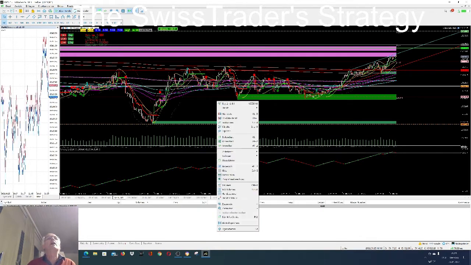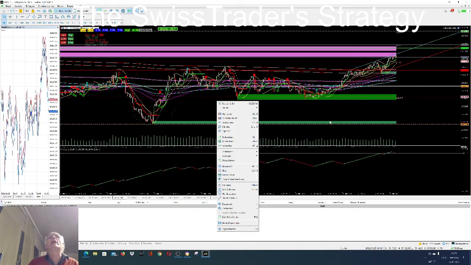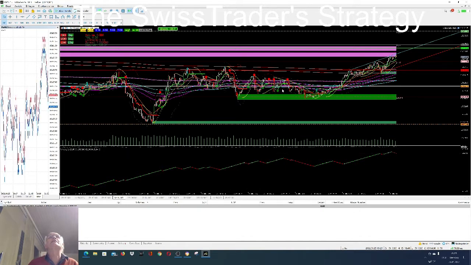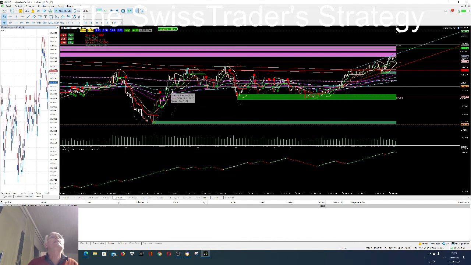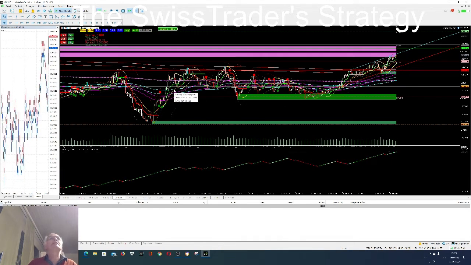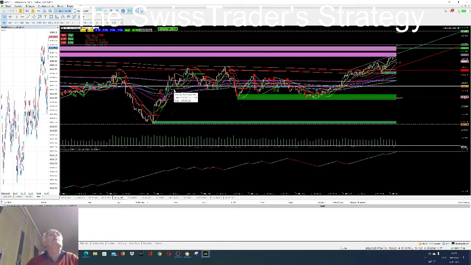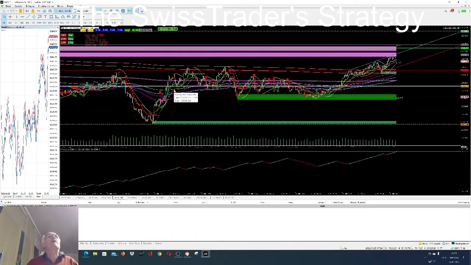Now I show you these indicators. I just have another one. It's a Bollinger Band here. Here's the middle line. It's a Bollinger Band with EMA instead of SMA.